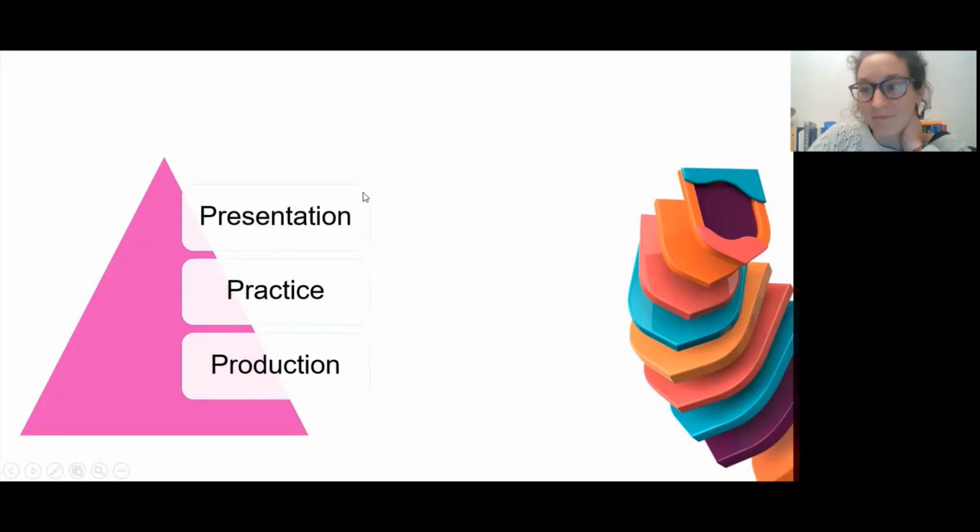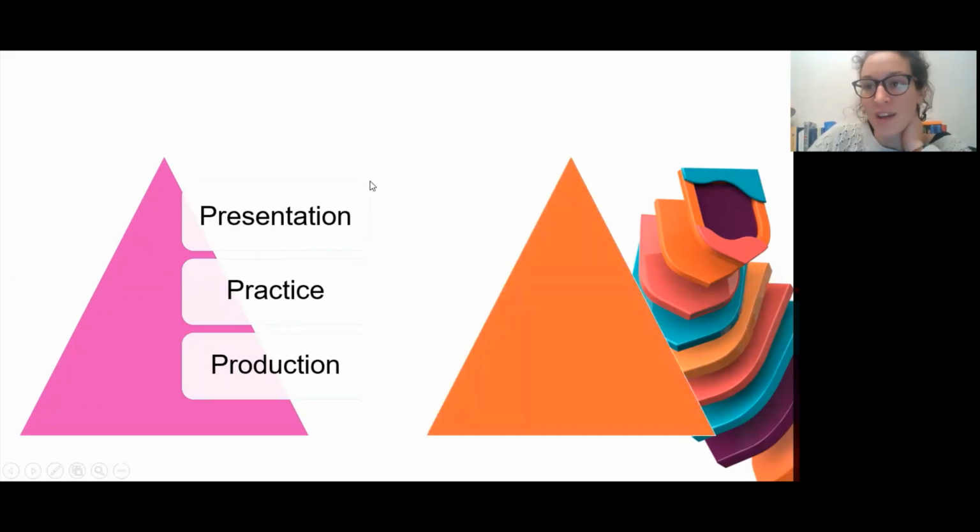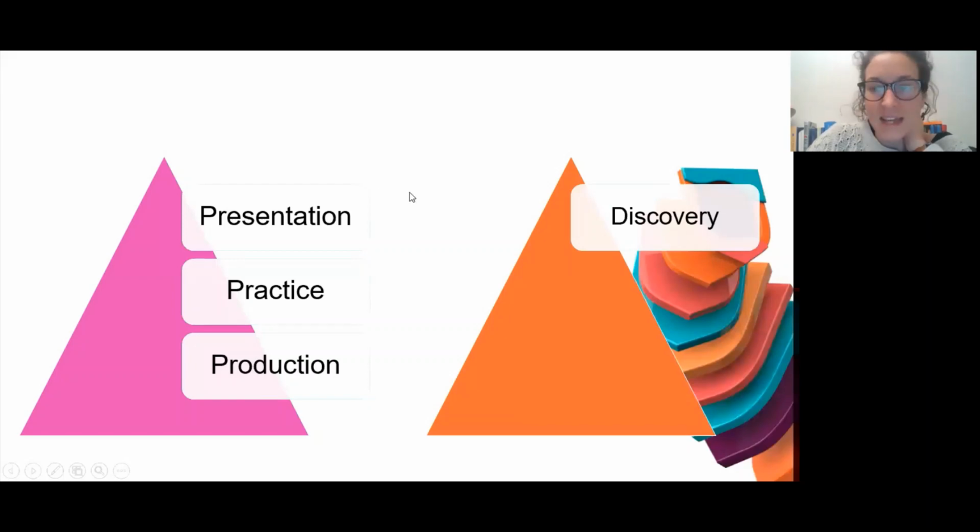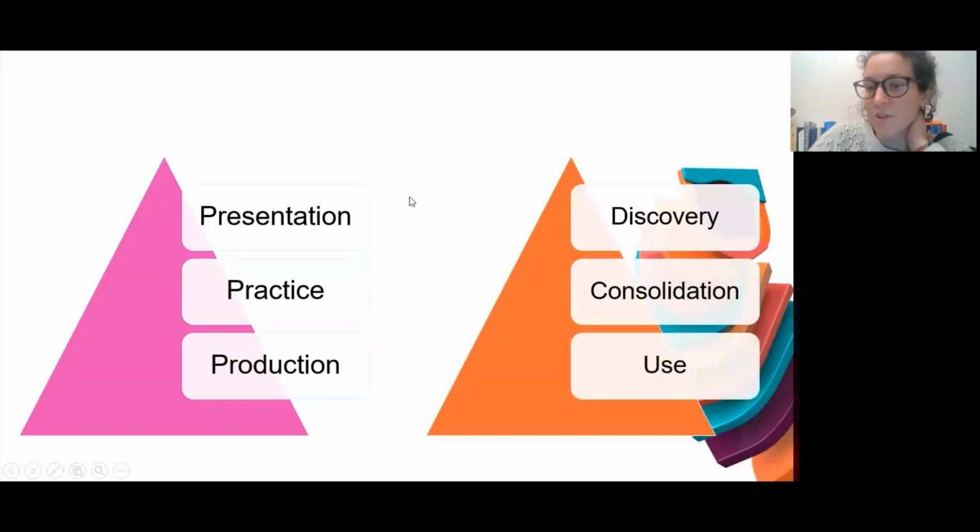Now, methodology moves on, and it moves on really fast. And like 10 years ago, we started talking about discovery, consolidation, and use, which is also a model that consists of 3 stages, right?